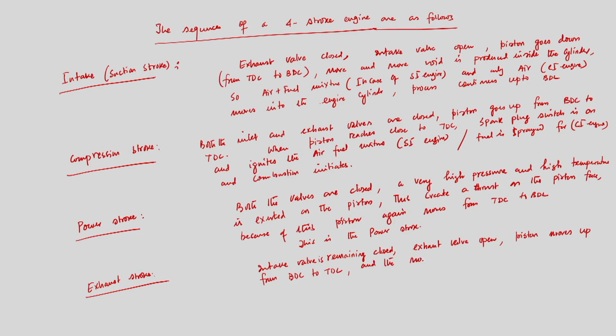So at the beginning of the exhaust stroke, when the piston is coming from BDC to TDC, it will expel the combustion product to go out through the exhaust manifold.